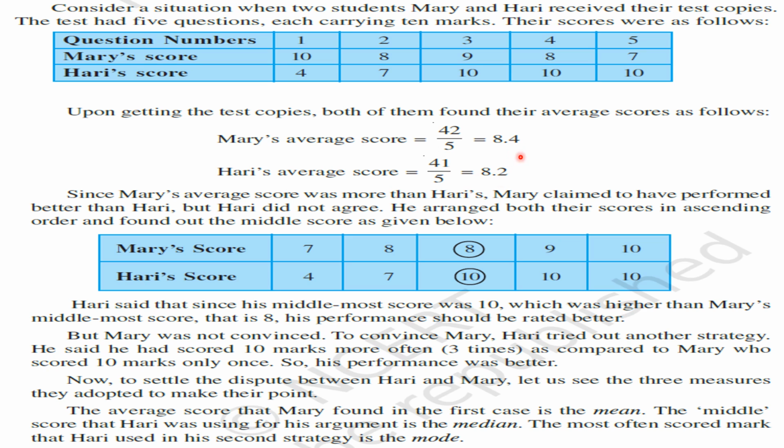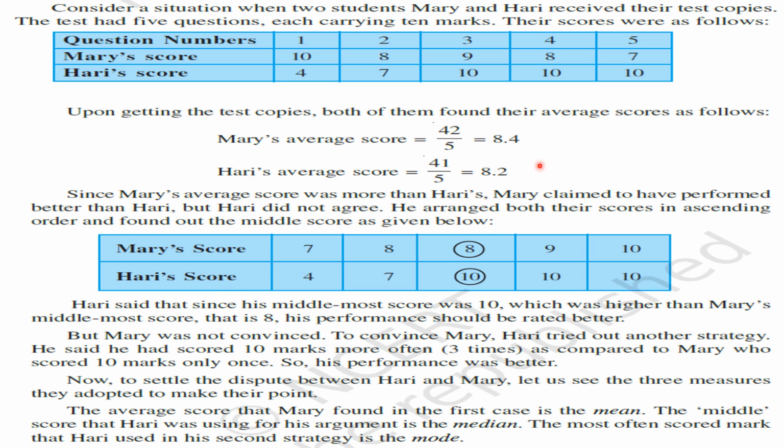Just by observing these two numbers, the average score of Mary is 8.4 and the average score of Hari is 8.2. Yes or no, my children? Since Mary's average score was more than Hari's, Mary claimed to have performed better than Hari.